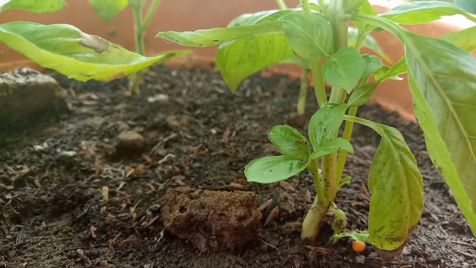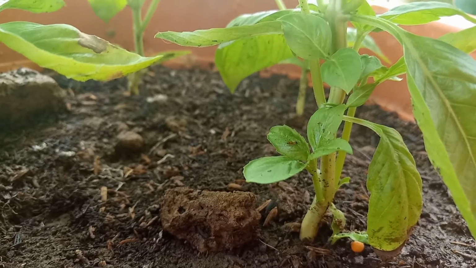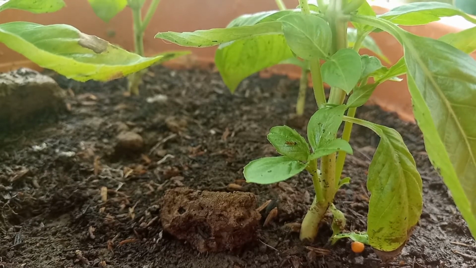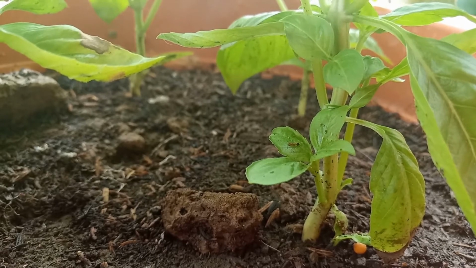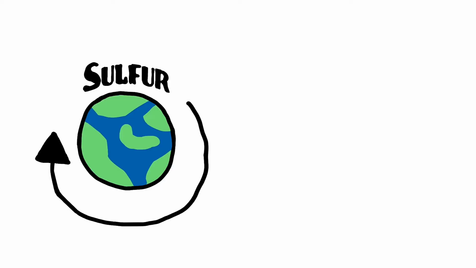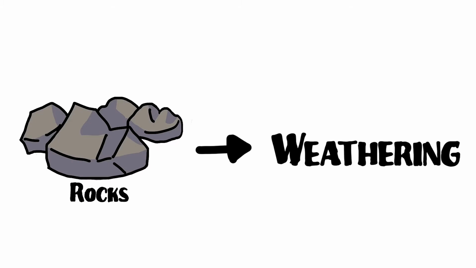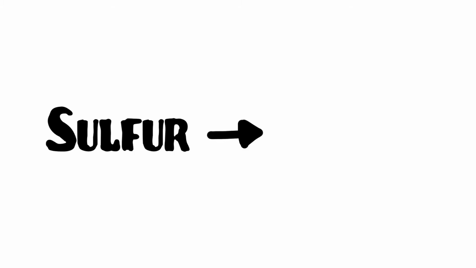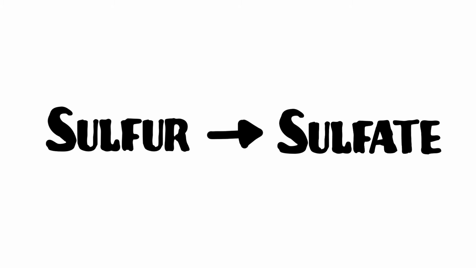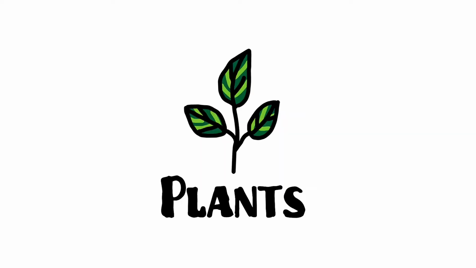Moving on, sulfur is another element that is essential to plants as it contributes to the protein and enzyme functions of plants. When sulfur is cycled through the earth, it is primarily passed through rocks as stored sulfur and is released through weathering. The released sulfur is eventually converted to sulfate from its exposure to air, or it could be dissolved in water and is eventually absorbed by plants.